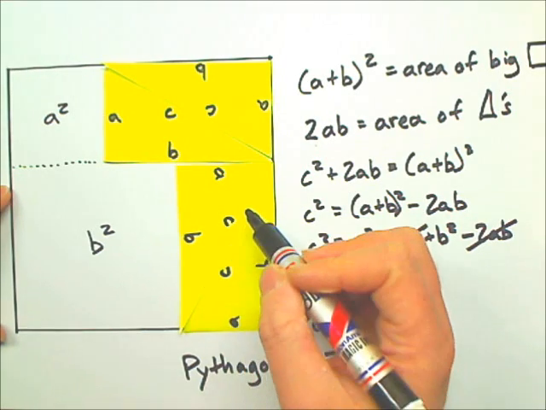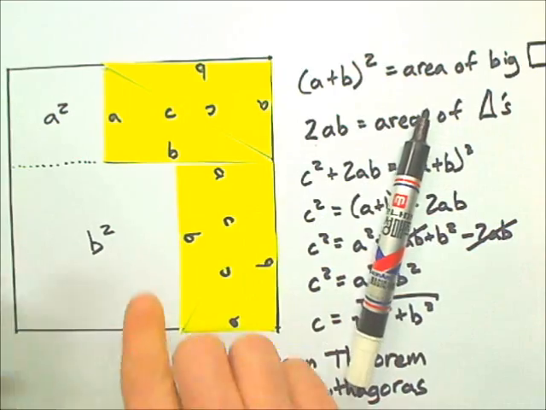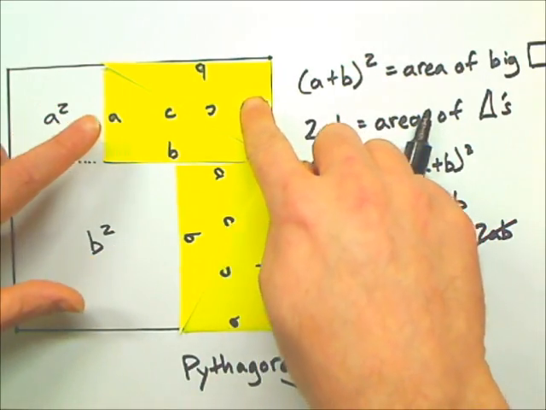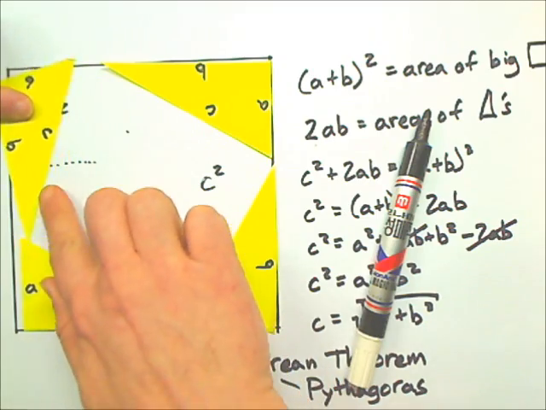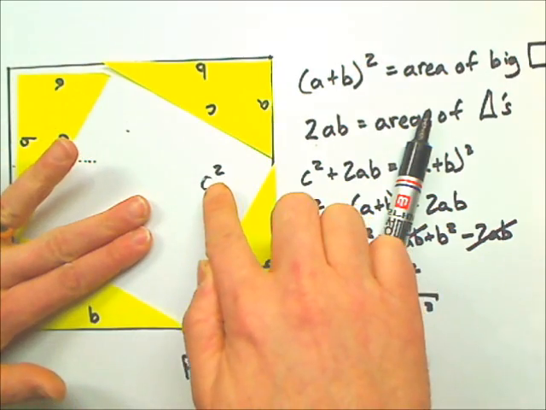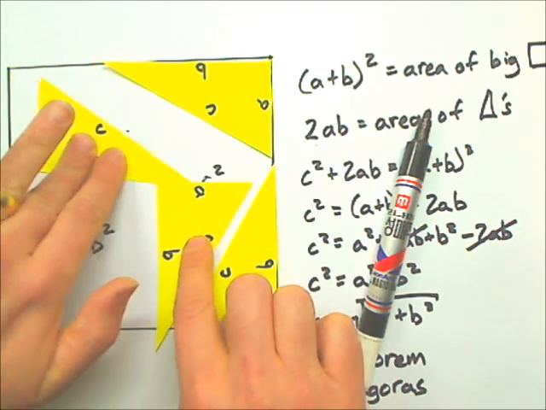And we already know that this same area that's not covered by the triangles, remember, this area is C squared. Now, it's the same area, we just moved it around, right?